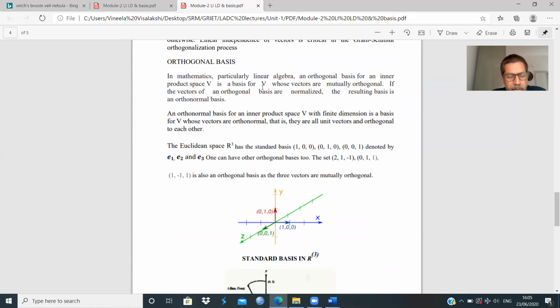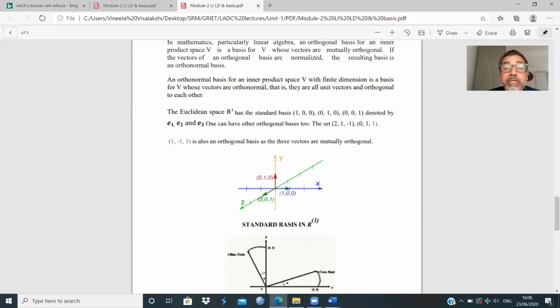But by an orthogonal basis, if we can orthogonalize all the vectors, that is, if we can make all the vectors mutually orthogonal, then it can be useful to build a skeleton for a new coordinate system. So in mathematics, an orthogonal basis has a very, very important significance.